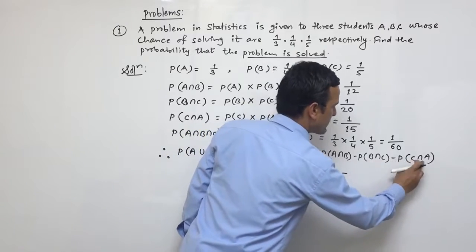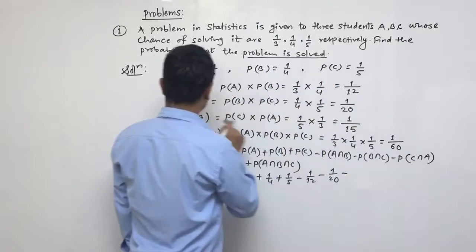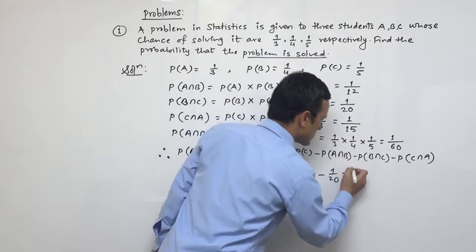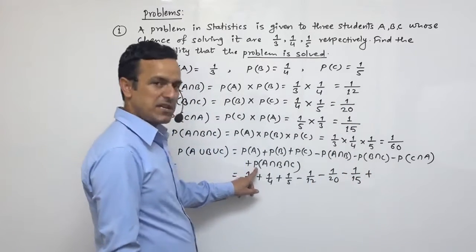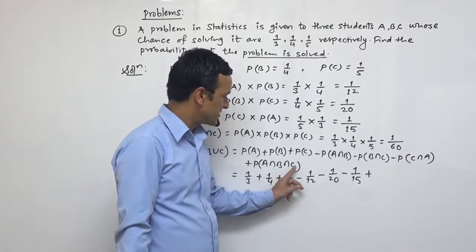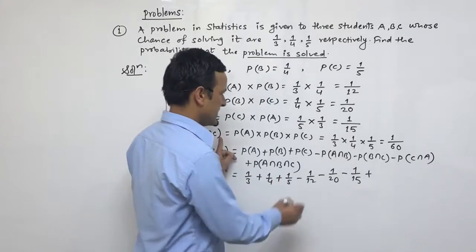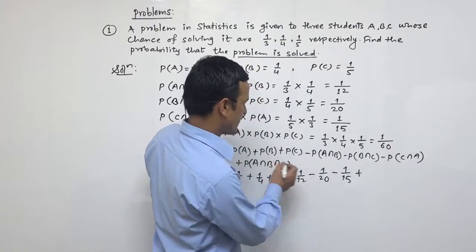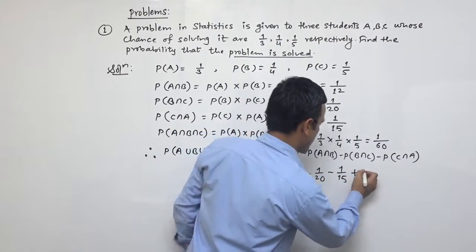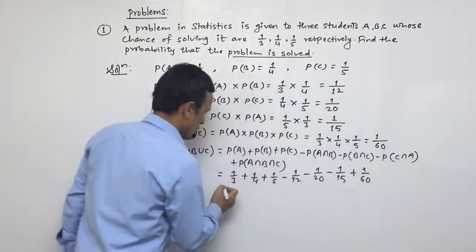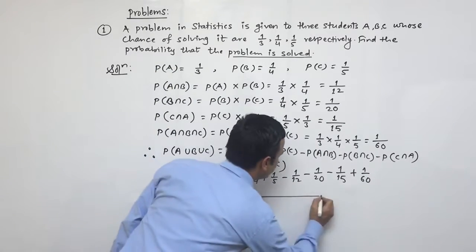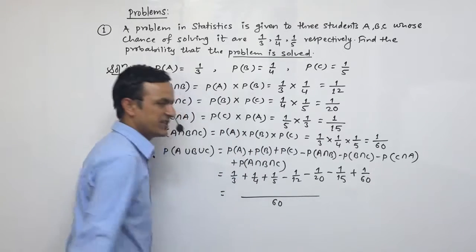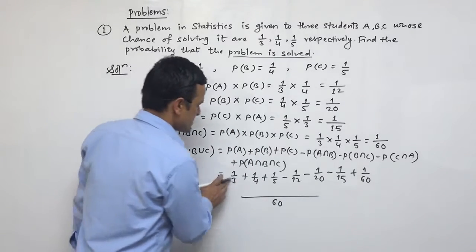Similarly, the probability of C intersection A is 1 upon 15. And finally, P(A intersection B intersection C) is 1 upon 60.